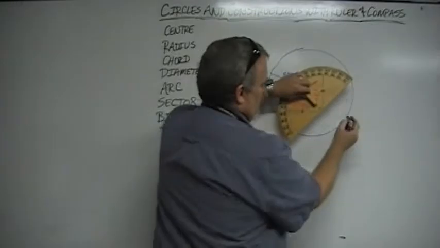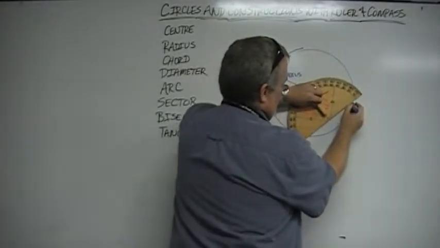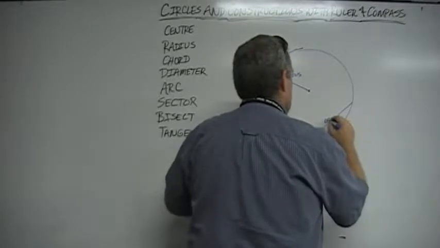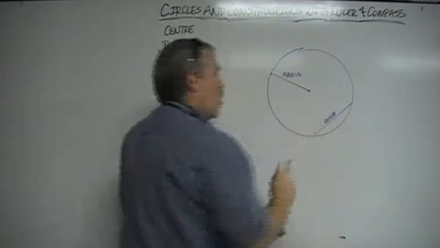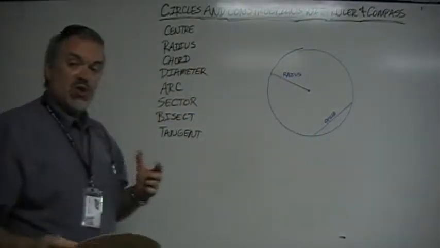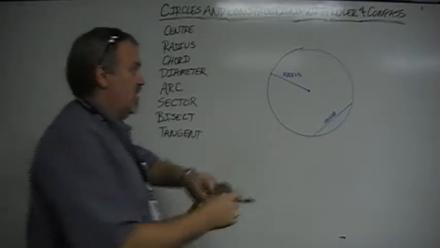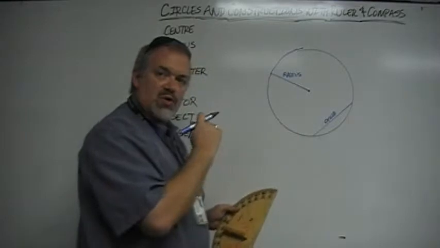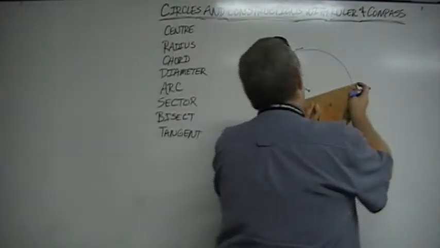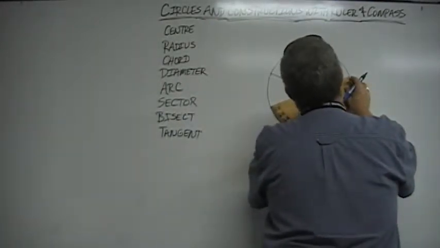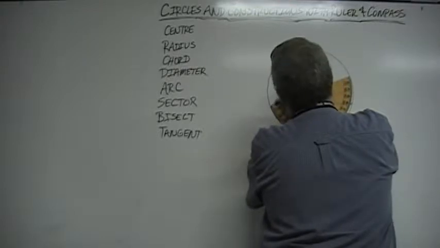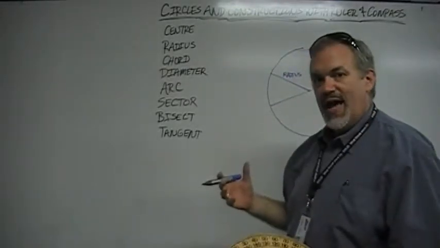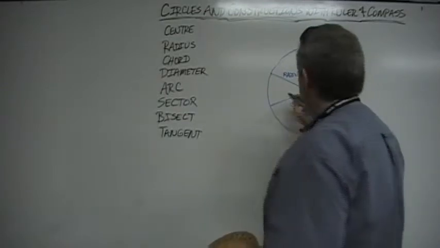So for example, we might start here and draw ourselves a line over here, and that would be what we call a chord. Now there's one particular kind of chord, and that is a chord that goes through the center of the circle. That has a special name, and we call that a diameter.